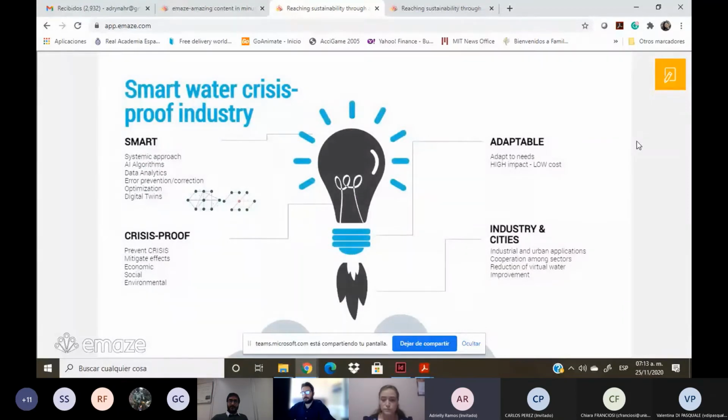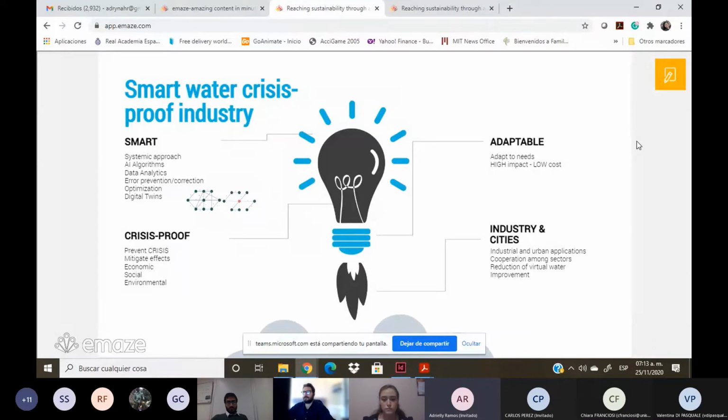With this adaptable technology, we can develop a smart water crisis-proof industry. What do we mean by saying this? Adaptable, that it can adapt to needs, high impact and low cost. Many developing countries are in need of these schemes. However, they don't have the resources in terms of human resources or even monetary resources.